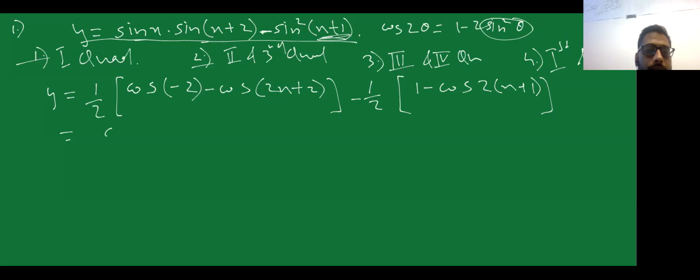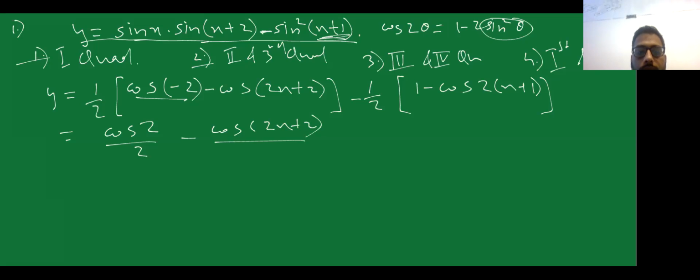Open the brackets. What is cos of minus theta? Cos of minus theta is equal to cos theta. It's an even function, and sin of minus theta is minus sin theta. So cos of minus 2 is cos of 2. This would be cos of (2x plus 2) upon 2 multiplied by minus.